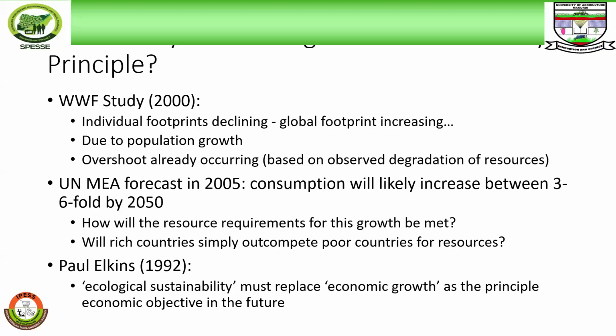In 2005, again, the UN MEA forecast said consumption will likely increase by 3 to 6 fold by the year 2050. The question will be, how will the resource requirements of this growth be met if we're already overshooting and consumption is most likely to be 3 to 6 fold in the next 23 or 24 years? Will rich countries simply outcompete poor countries for resources?